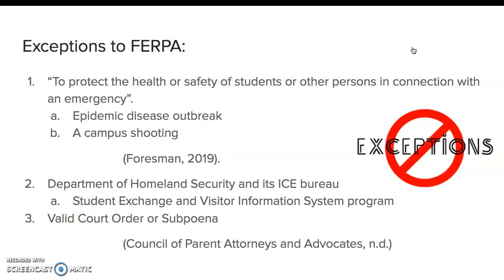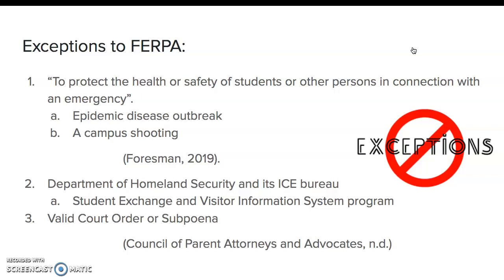Exceptions to FERPA. If we need to protect the health or safety of students or other persons in connection with an emergency, for instance, an epidemic disease outbreak or a campus shooting, then student privacy is less protected.